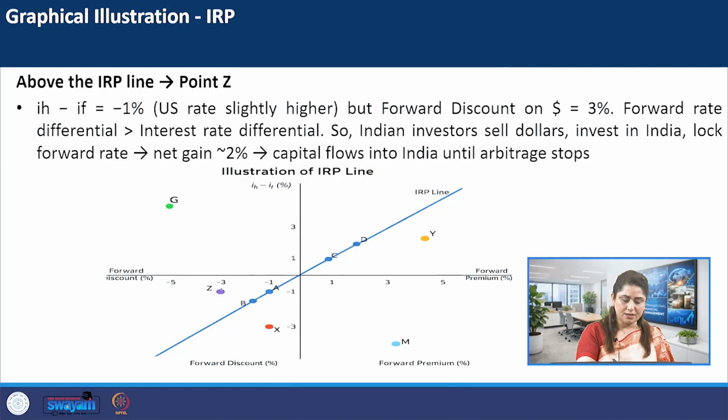The Z point, if we see, the interest rate differential is 1%. That means, and here also, the interest rate of USA is greater than interest rate of India by how much percent?